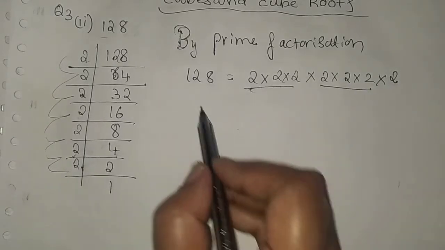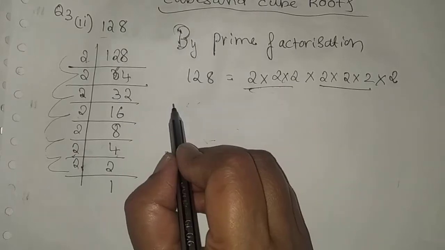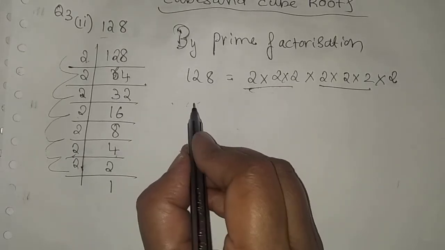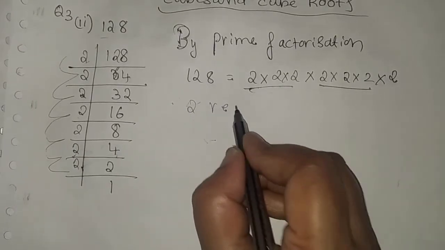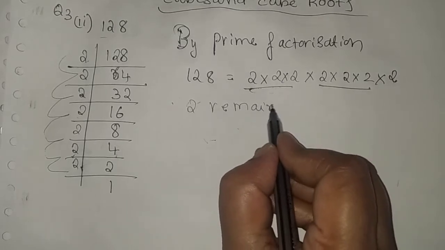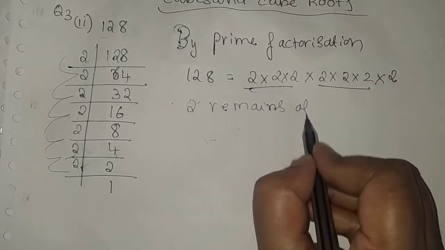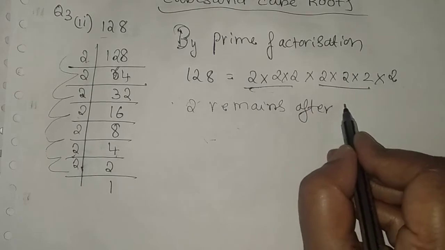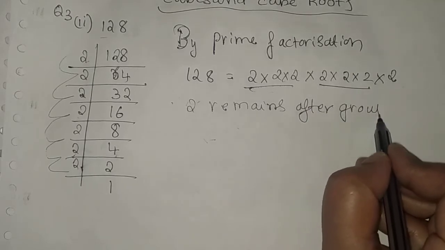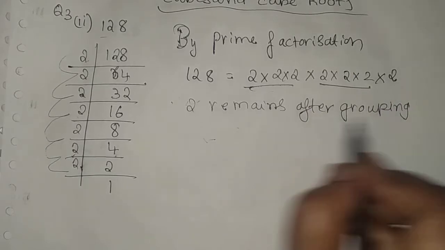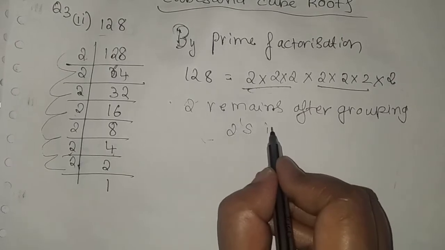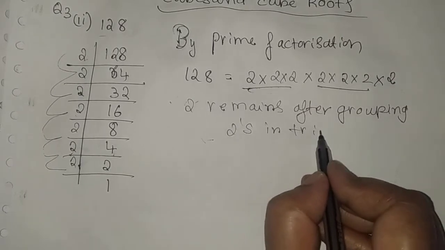After grouping twos in triplets, 2 remains. Okay, next step.